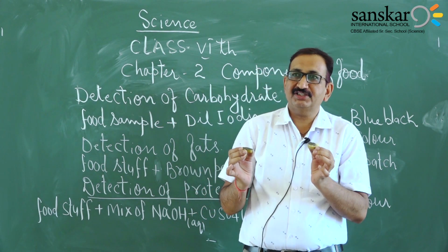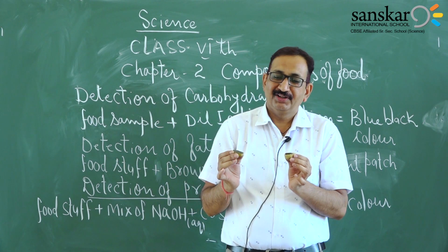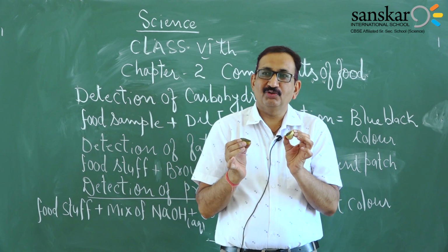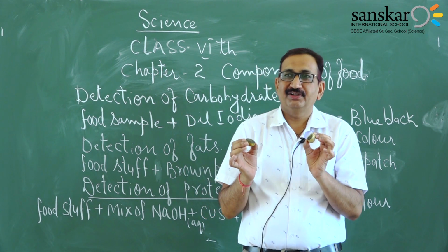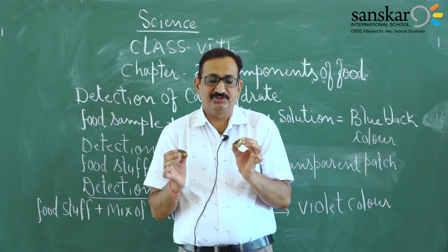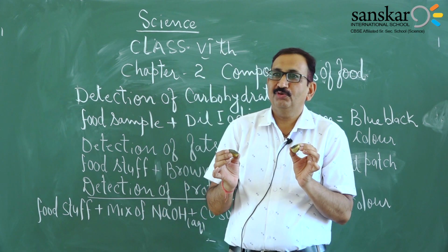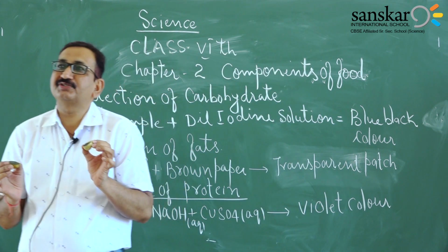And after that, just see what kind of surface there is. You will find that on both potato pieces we have blue black color. So this proves that carbohydrate is there in potato. This shows the presence of carbohydrate, students.